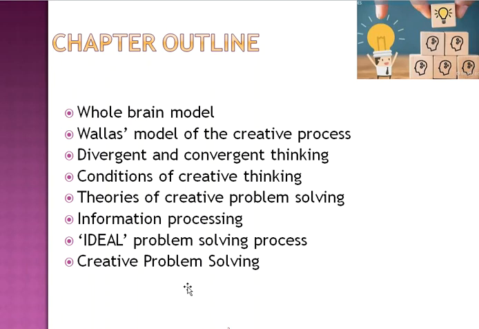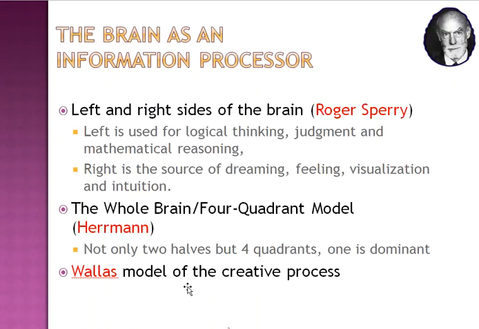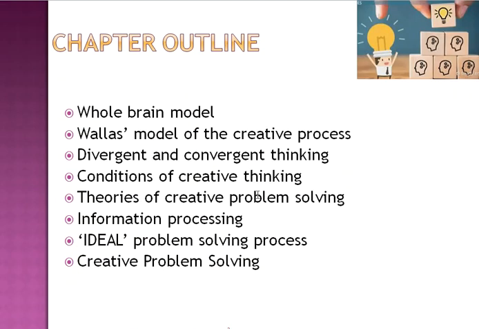Let's go quickly. I'm not going to give details about each theory I'm introducing in the chapter. I will quickly review classical theories of how brains work. Of course, we start with Professor Roger Sperry and his seminal work about how a brain works.